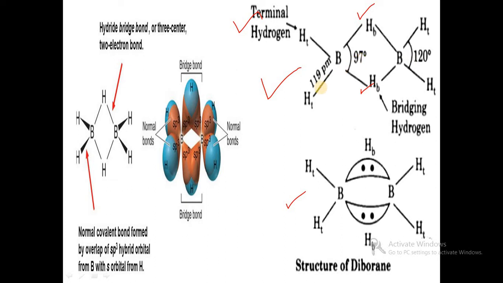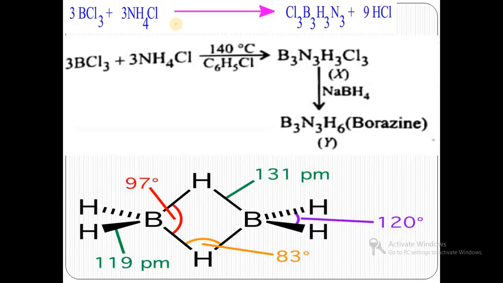Bond length is 119 picometer. So overall the structure of diboron is banana-like, and a 3 center 2 electron arrangement occurs. This is the preparation.